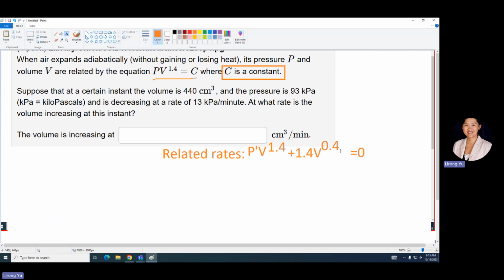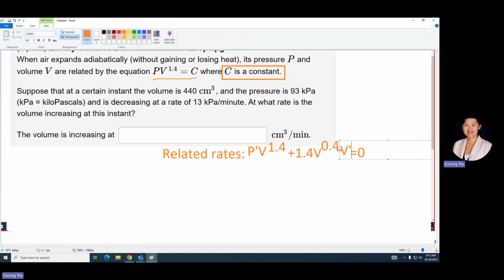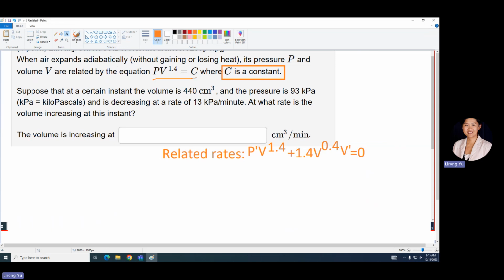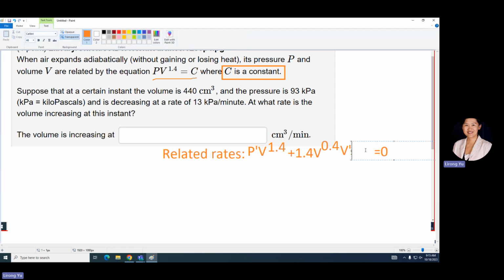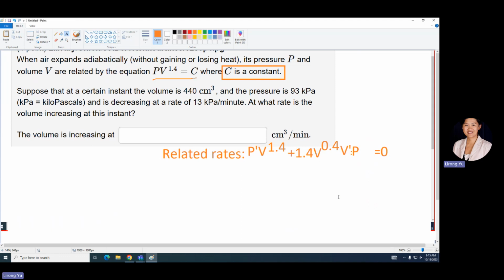And then we also have to multiply by V prime because of the chain rule. So that finishes all the differentiation. Differentiate P, keep the V, and differentiate the V, keep the P.